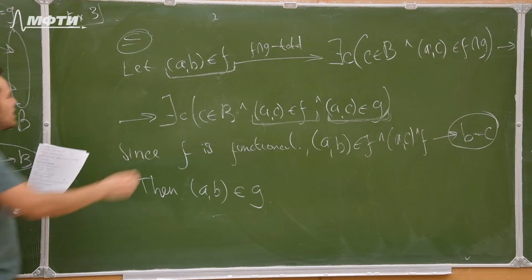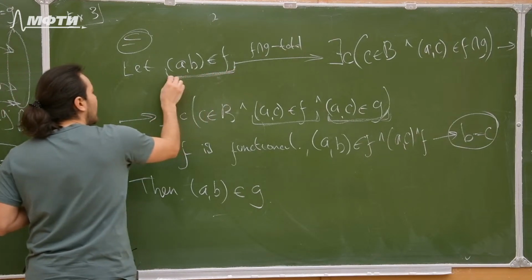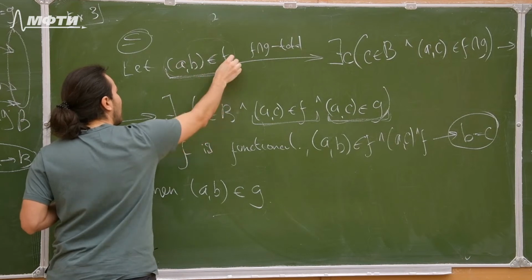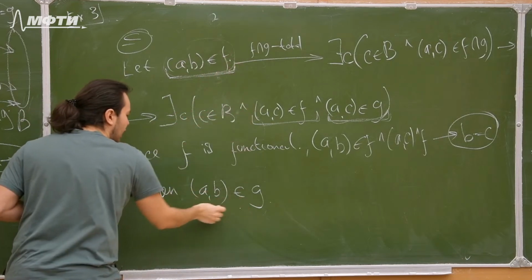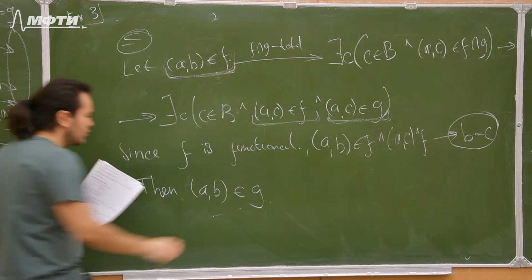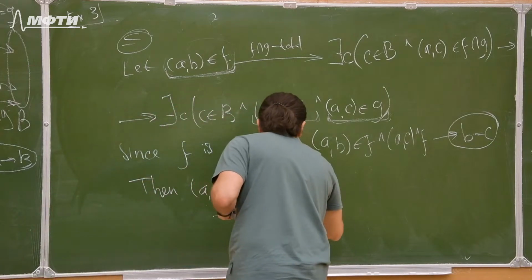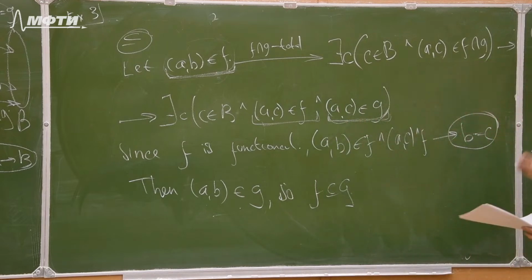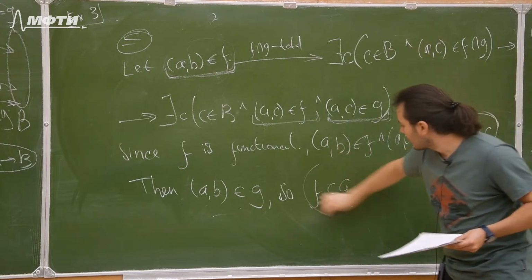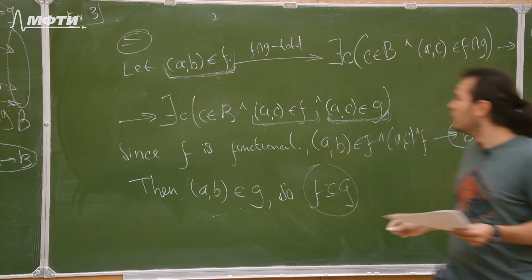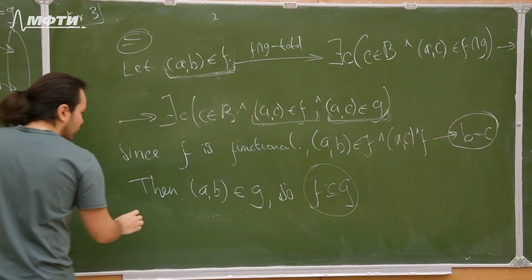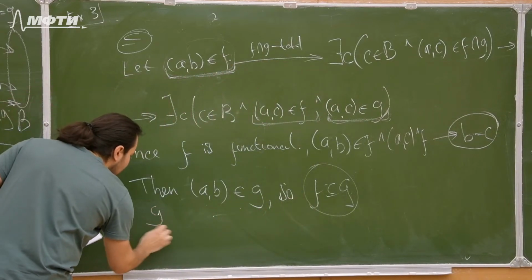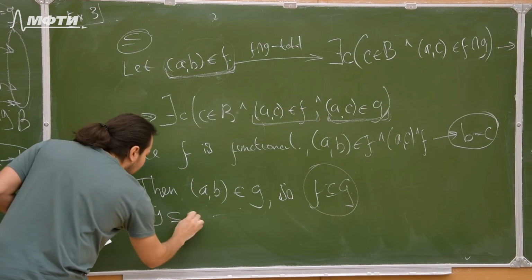And so we obtain that for every ordered pair AB in F, it is an ordered pair in G. So F is a subset of G. The function F is a subset of the function G. Okay? How do we prove that G is a subset of F?